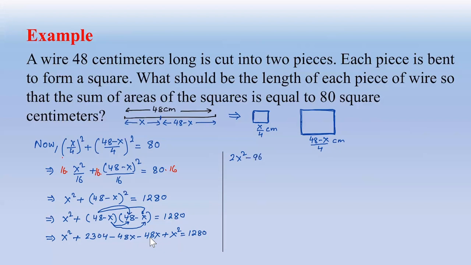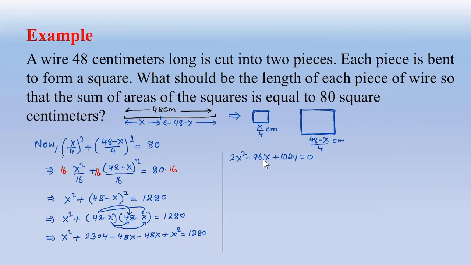And then we have 2304. If we move 1280 to the left-hand side, then it will be 2304 minus 1280, which is 1024, equal to 0. So we are getting that quadratic equation.